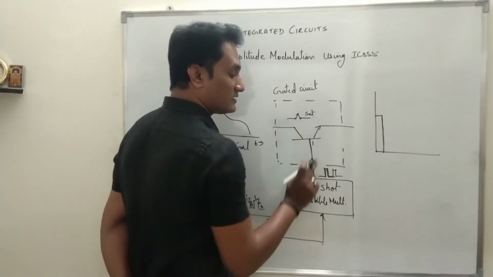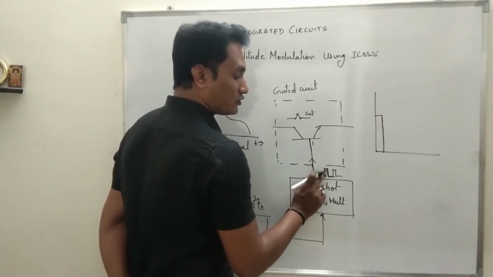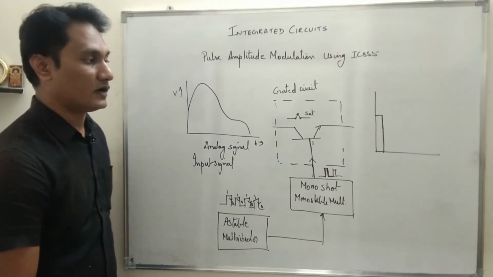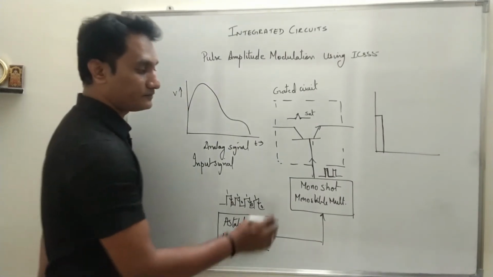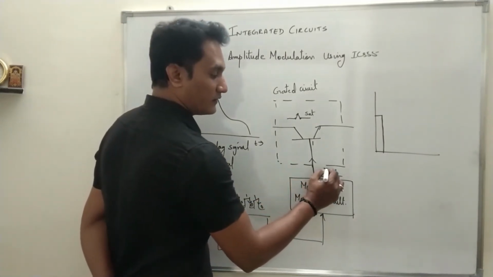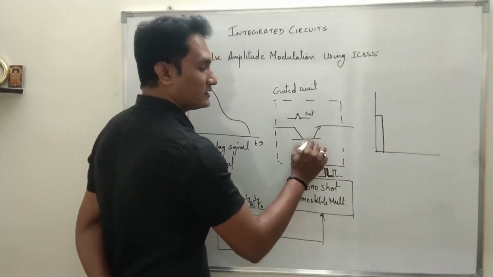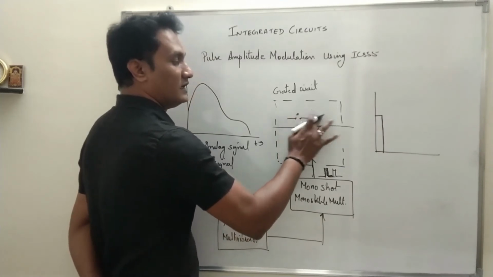The condition is the time period for which the monoshot remains 1. Then the monoshot will become 0. As soon as it becomes 0, the transistor will be in cutoff region.